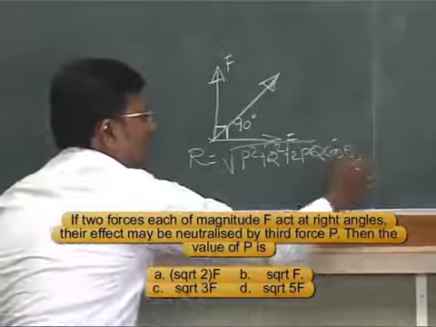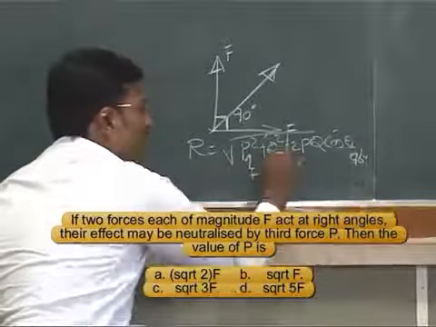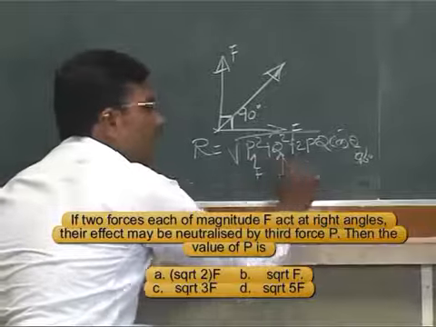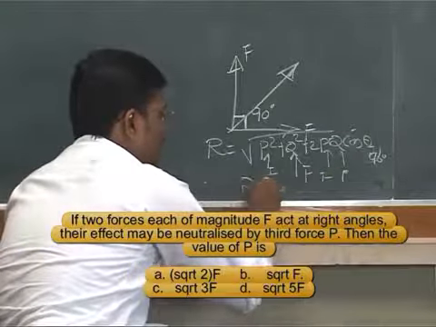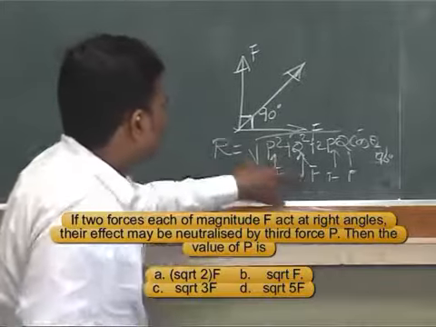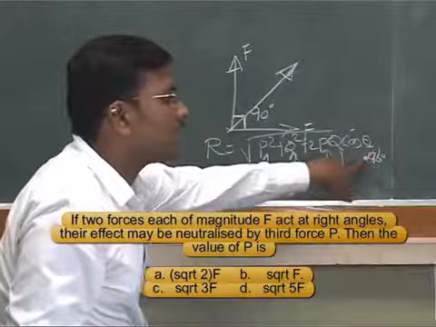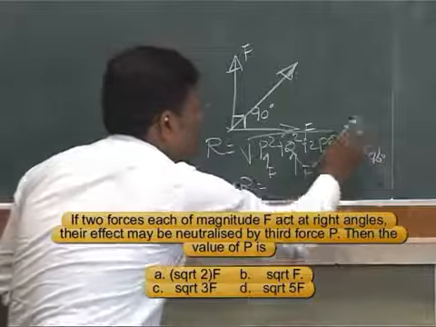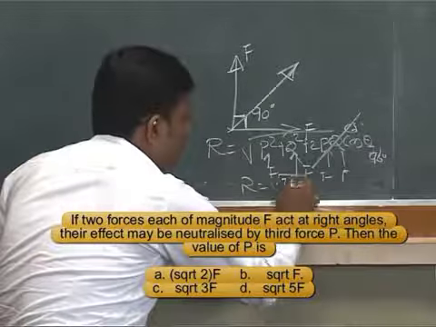When you substitute theta equal to 90 degrees, P equal to F and Q equal to F, the resultant comes out to be root of F square plus F square plus 2F square cos 90. And as you know, cos 90 is equal to 0, so this term cancels out to 0. So we get the square root of 2F square.